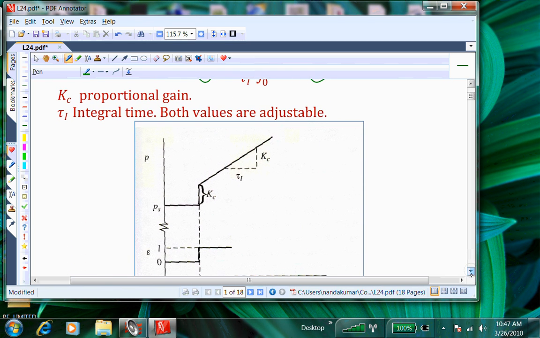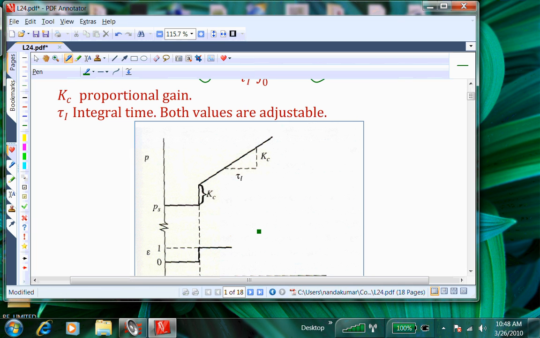This is not practical because you will never have an error maintained at a constant level. What happens is when you make a step change, the error will undergo a step change from 0 to 1. But the controller will start responding, and the idea is that the error will go down to 0. What this tells you is how the response signal changes with the error signal.